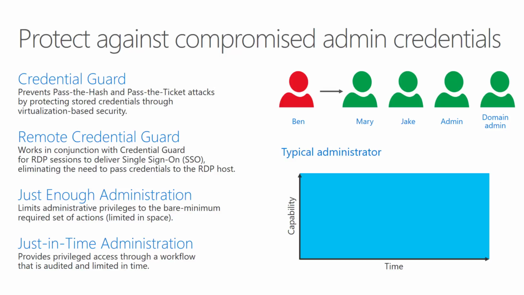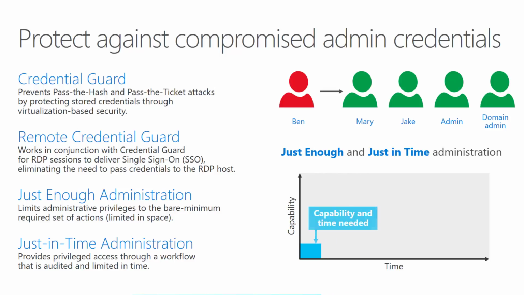of? So we can start assigning rights that are very specific, but then we can also overlay just-in-time administration over the top of that. So once we start overlaying just-in-time administration, what this means is if we take a look at the amount of blue that we've got in that chart, all of a sudden, with just enough and just in time, all we're doing is giving people the appropriate capabilities for the time that's required.